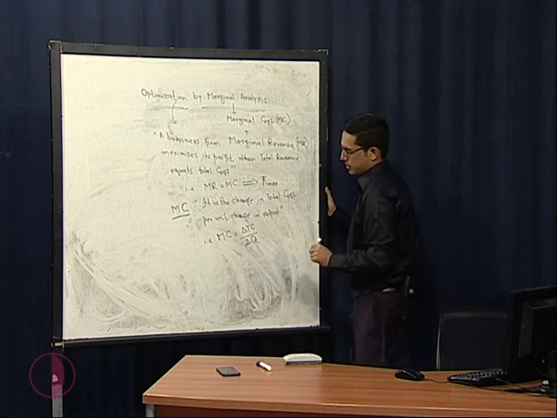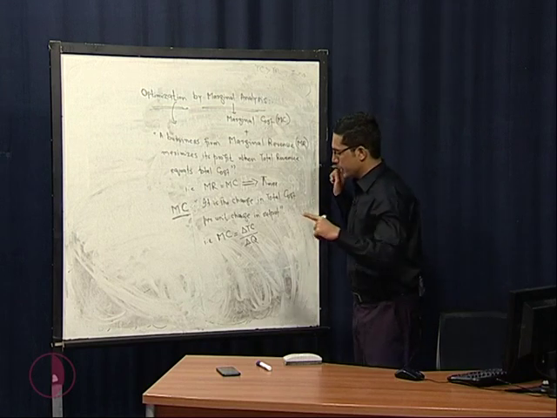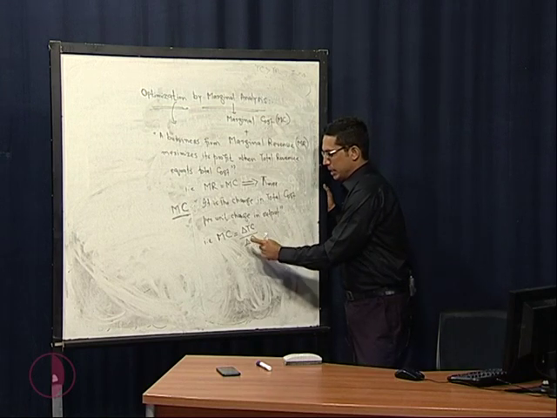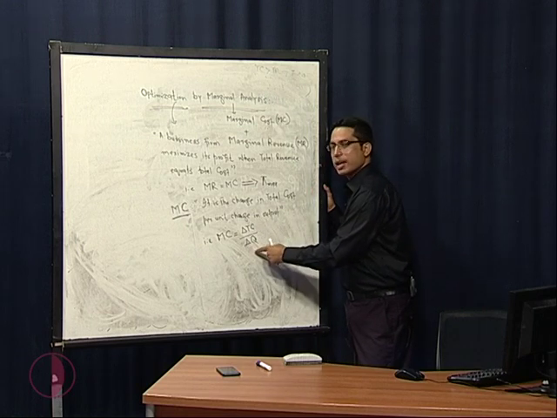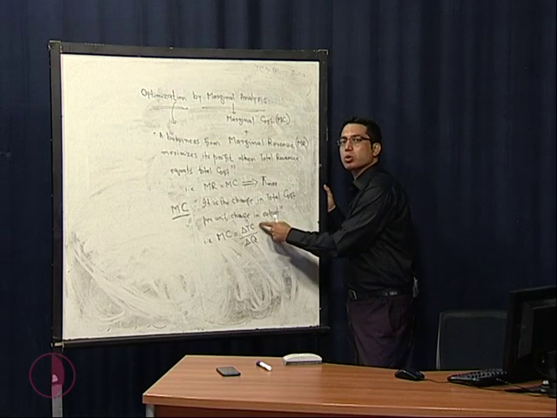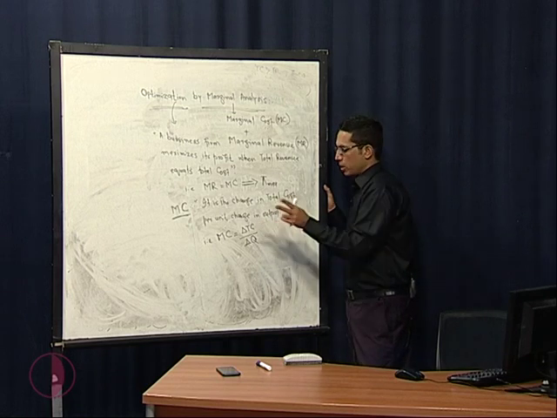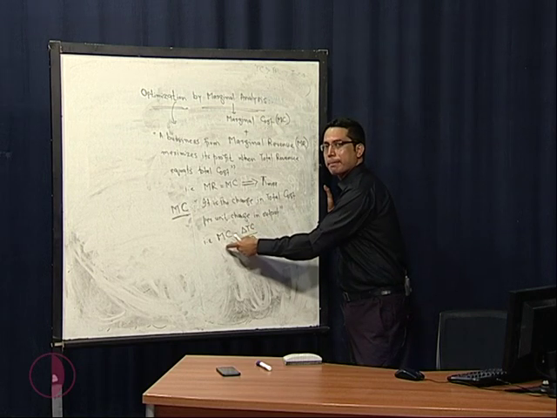It means that if there is a unit increase in output level, how much change will occur in the total cost? The ratio of these two terms is known as marginal cost.